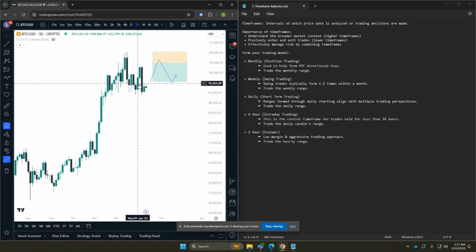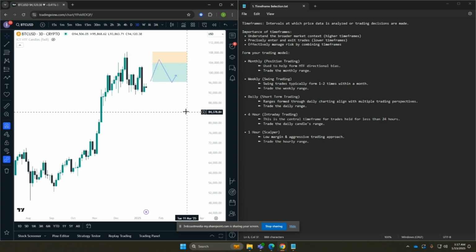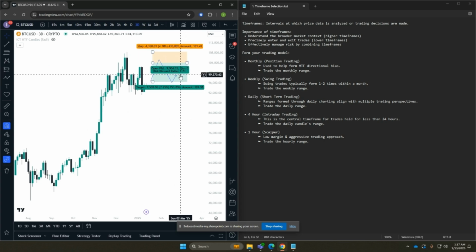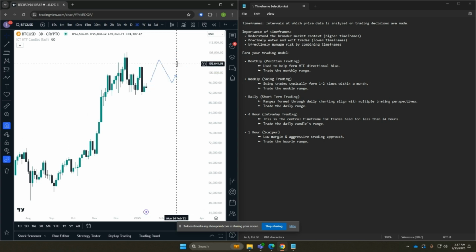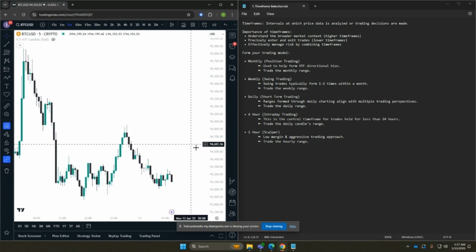So we'll just wait for this to happen. It comes up, we take it, we're in. It goes down, we're out before it comes back up. Of course, that's probably not what it's going to do right now, but just setting up the right time frame can let you get something that's sharper.